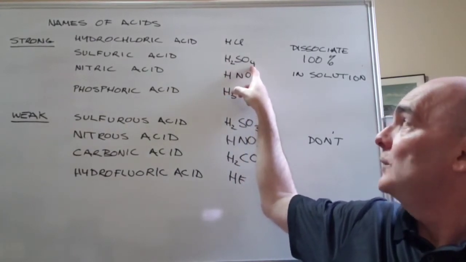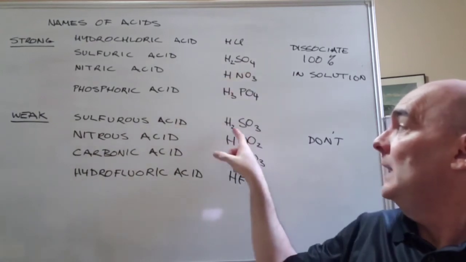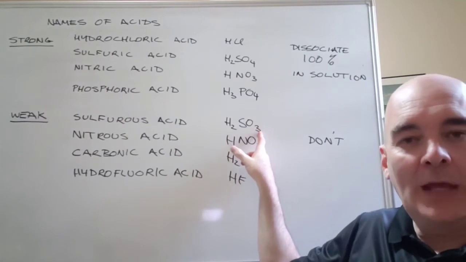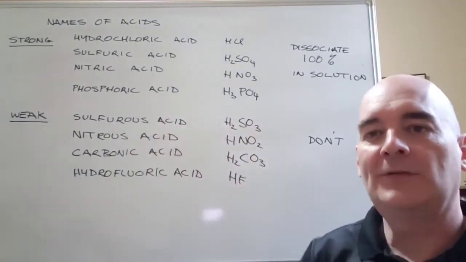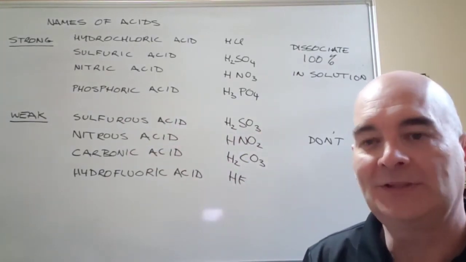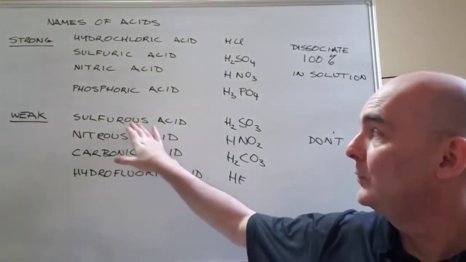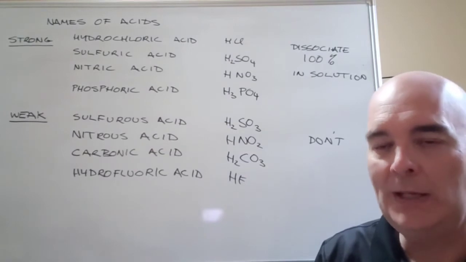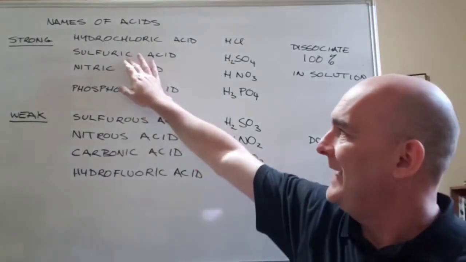If we take one of those oxygens away and make H2SO3, the absence of that oxygen deprives the acid of its acidity. And so sulfurous acid is less good at being an acid than sulfuric.